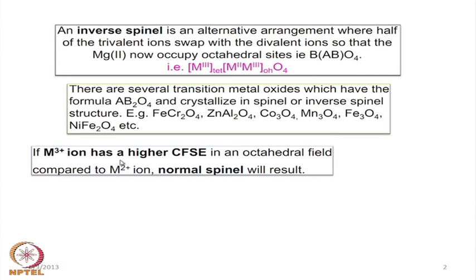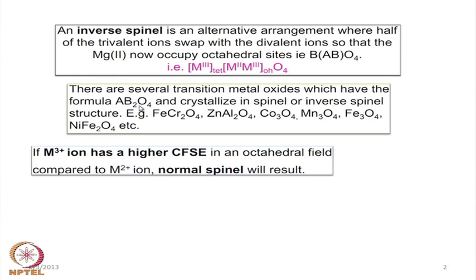So, if the M3 plus ion has a higher CFSE in an octahedral field, this is the most important criterion for formation of the normal spinel, that both the M3 plus ions are in octahedral sites.